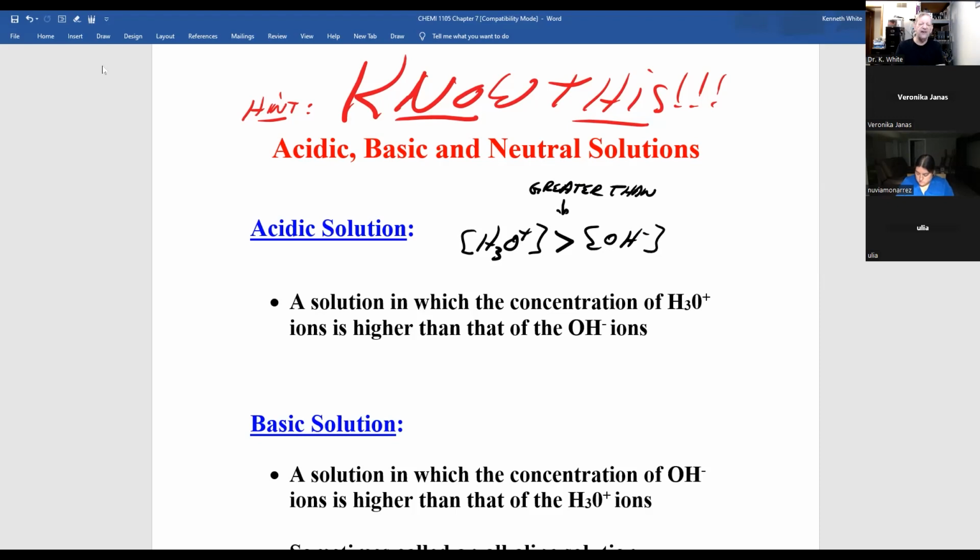So if you have an aqueous solution in which the H3O plus concentration is greater than the hydroxide, we call that acidic. The fluids in your stomach are acidic because the hydronium ion concentration is greater than the hydroxide.